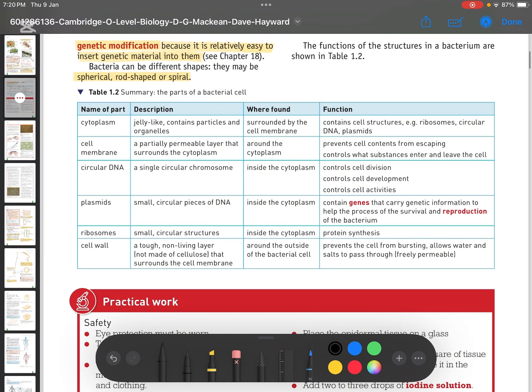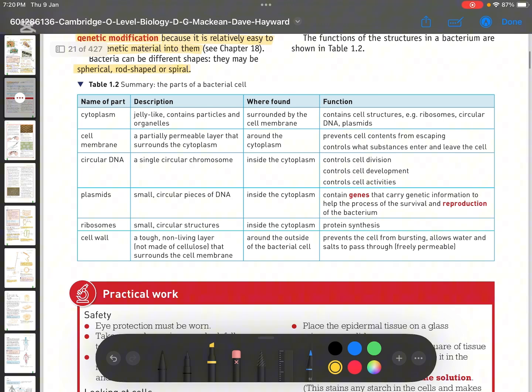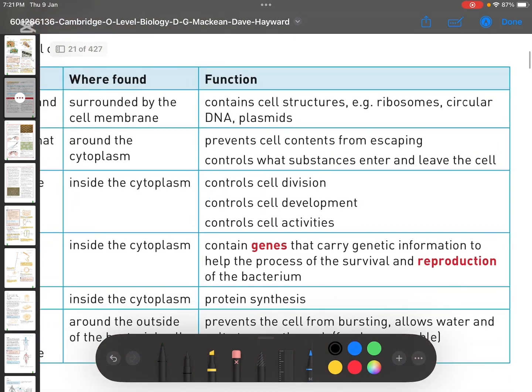Now looking at the structures present inside the bacterial cell, as we have discussed, is cytoplasm, a jelly-like structure just like previously in animal and plant cells, surrounded by the cell membrane. It contains structures like ribosome, circular DNA, and plasmid. The cell membrane is partially permeable, just like the previous cell membrane, and has the same function as the cell membrane of the animal cell and plant cell, preventing substances from escaping or entering the cell.